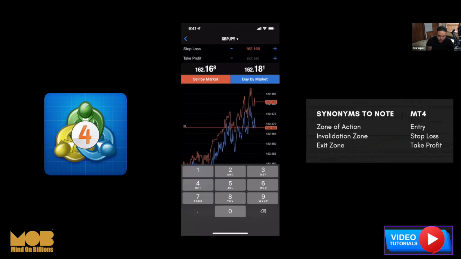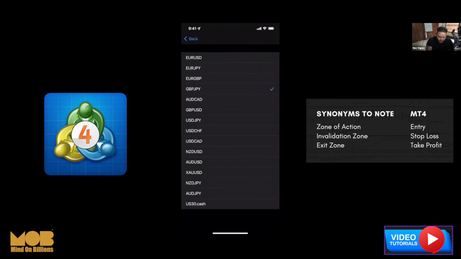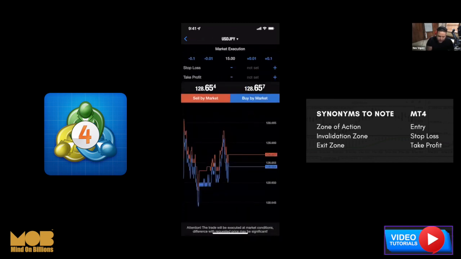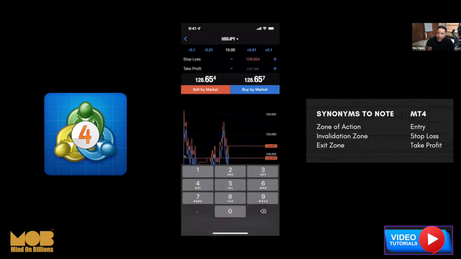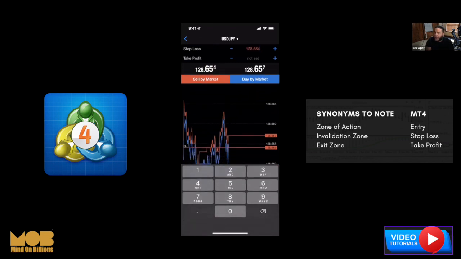This is USDJPY. So let me switch it up. This is how you switch it up. Stop loss, let's just say 128.80. And let's just say I wanted my take profit to be, see where the market is at right now, let's say I just wanted it to be 128.400.